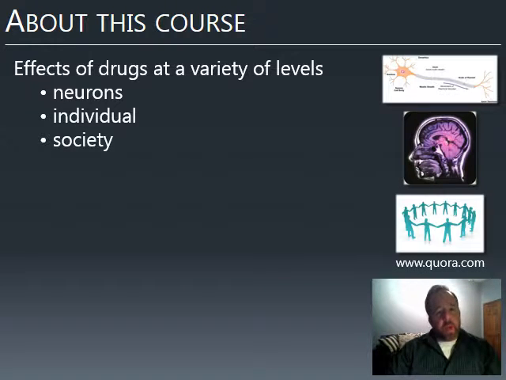We'll go even bigger picture and look at society and the role that drugs play in how society functions. Not just our society, although we'll certainly focus on the United States, but other societies as well, especially societies throughout history. How are individuals that use drugs, and here I don't just mean illicit drugs, viewed?